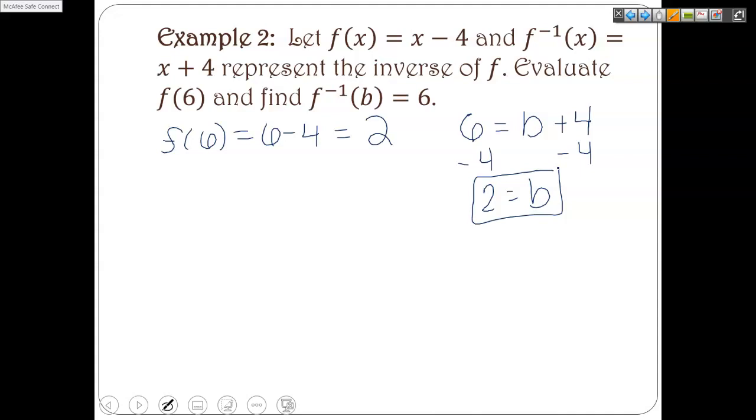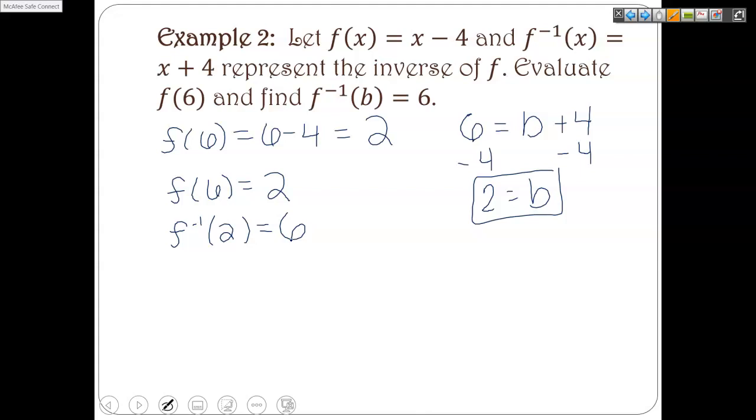It should make sense that b is 2 and f of 6 is 2 because the inverses are opposite points. If f of 6 is 2, then f inverse of 2 needs to be 6. They're inverses. Domains and ranges are flipped.